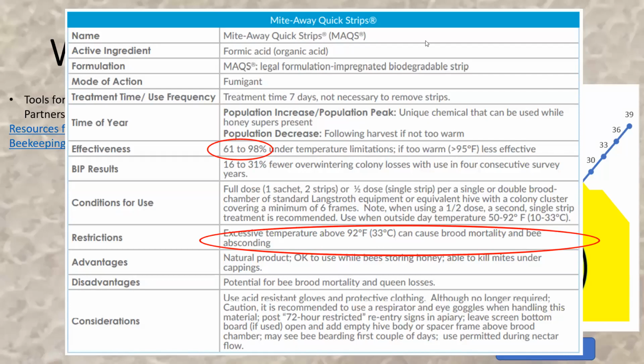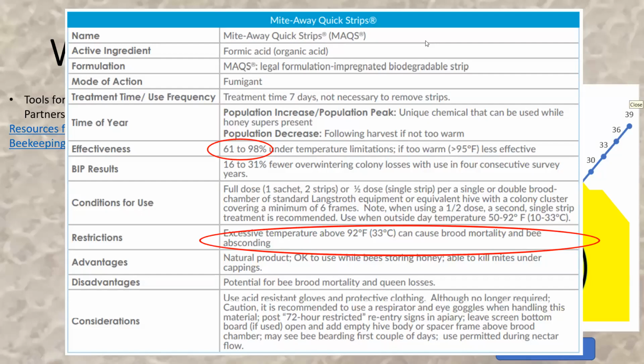Yes, I do only have Formic Pro one time per season. I'm ready to use it more than that. I'm ready to use it on hives in April, because if I come out of winter with hive varroa mites, I'm going to use it in April.